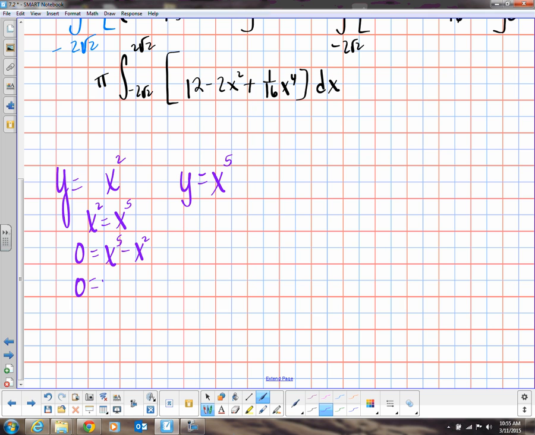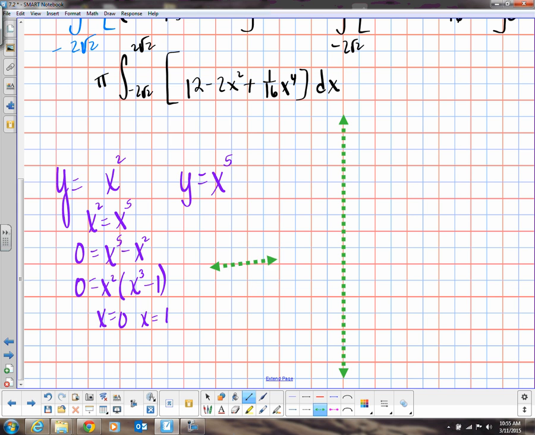So I'm going to factor out x squared, and I have x cubed minus 1. Does that look right? So x equals 0, and x equals what? 1. So that is going to be my points of intersection. Oh, wow. Well, anyway. So I'm going to put 0 in. Do you agree it's going to be 0, 0?